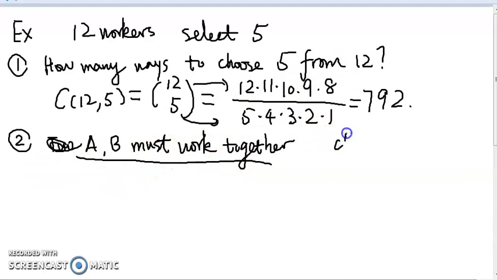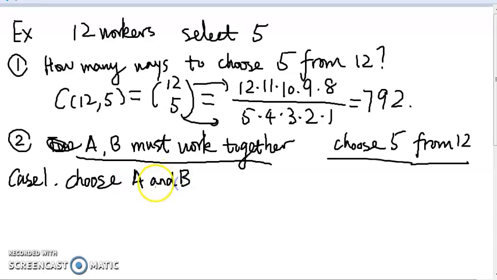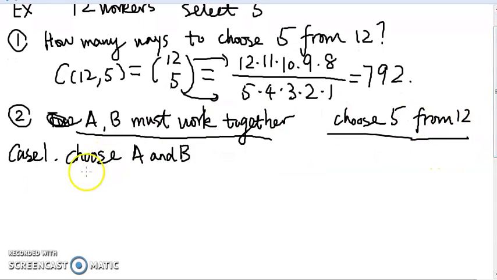There will be 2 cases. Case 1, I choose A; if I choose A, I must choose B, so we choose both A and B. Case 2, if I don't choose A, that means I cannot choose B, so we choose neither A nor B.